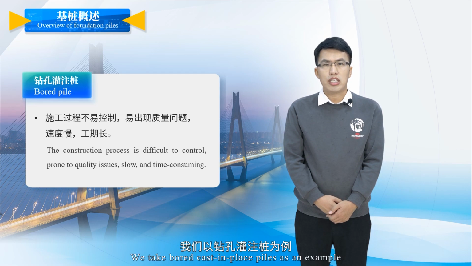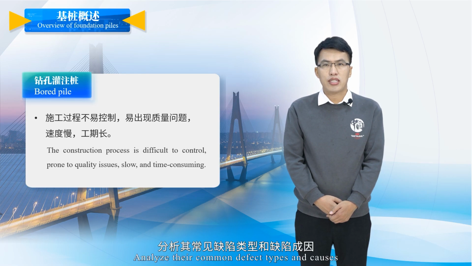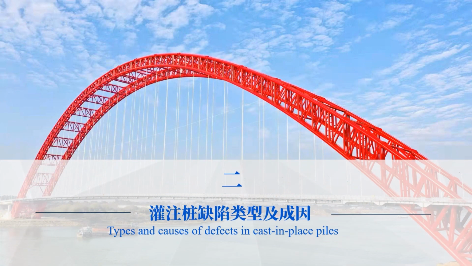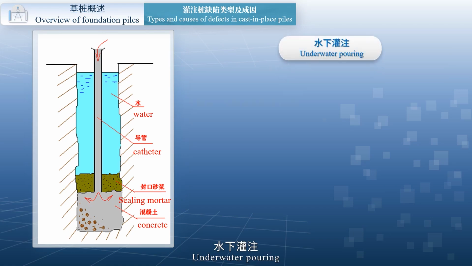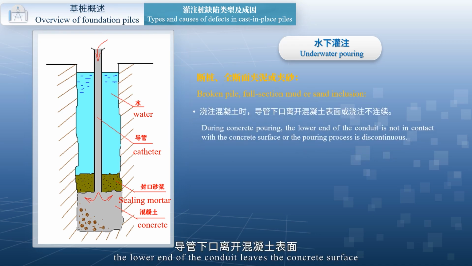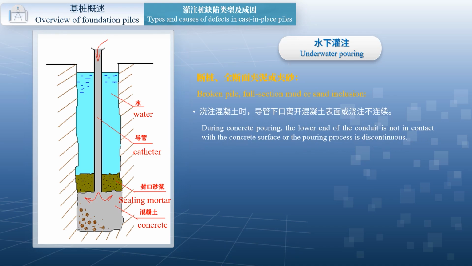Next, we take bored cast-in-place piles as an example and analyze their common defect types and causes. Underwater pouring: broken pile, full section mud or sand inclusion, when pouring concrete the lower end of the conduit leaves the concrete surface, or discontinuous pouring.